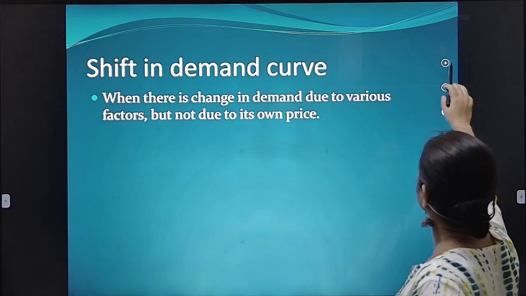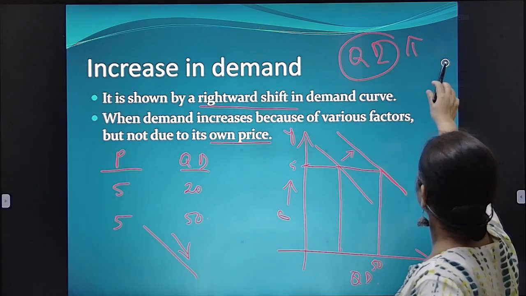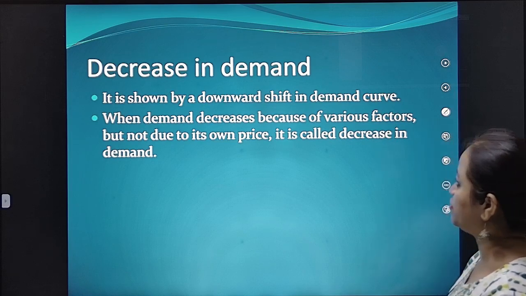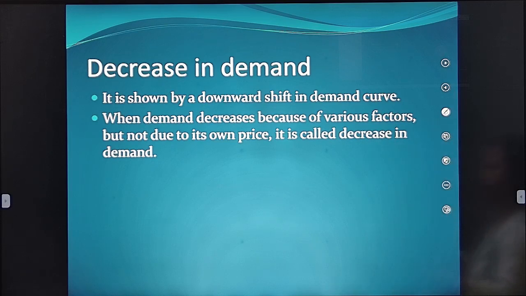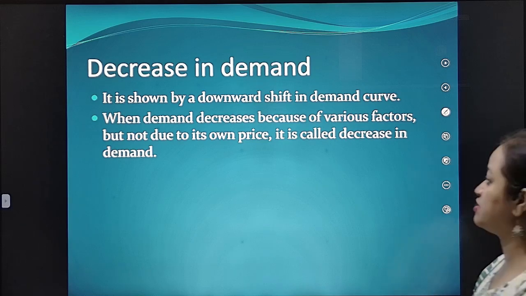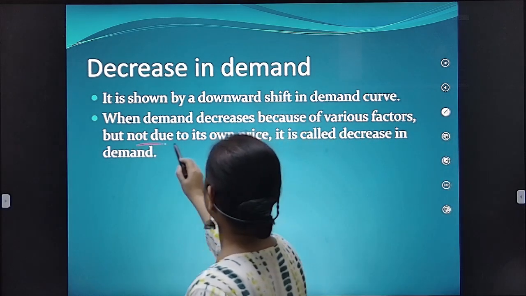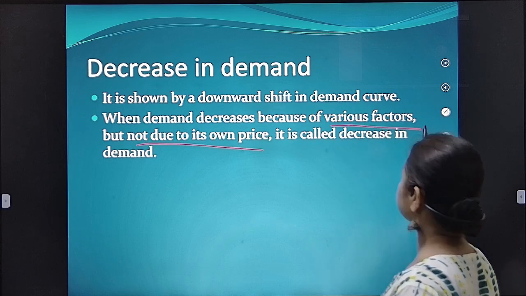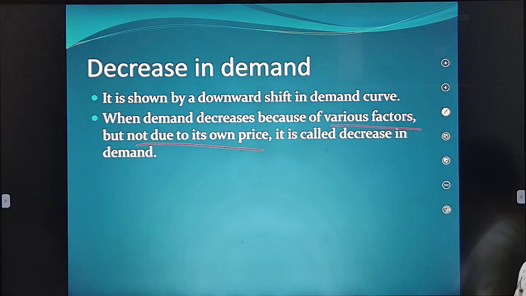Now when we will see decrease in demand now. Okay? So decrease in demand, here also demand decreases, but this is not because of its own price. It is not because of its own price. It is because of various other factors like income of a consumer.